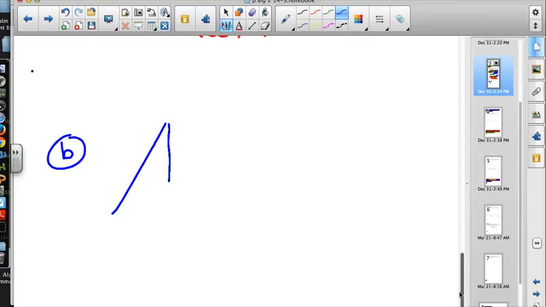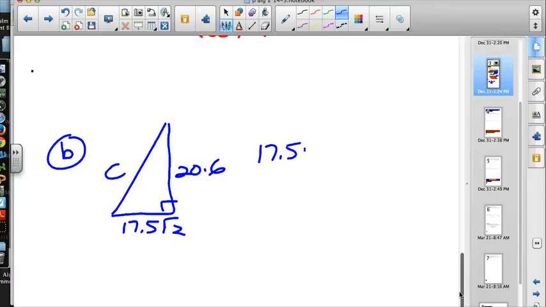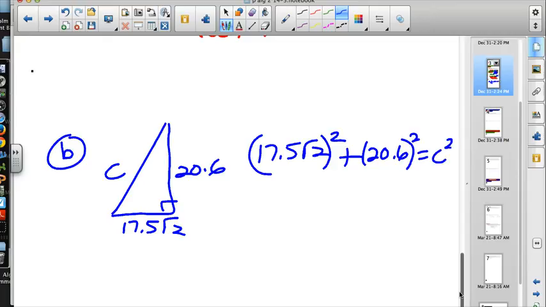Remember the very top up there, we said this was 20.6, and by using that 45-45-90 triangle, we have 17.5 square roots of 2 right here. And so what we would be looking for is our hypotenuse. So we would take 17.5 square roots of 2, square it, add that to our approximately 20.6 squared, and that will get us c squared.